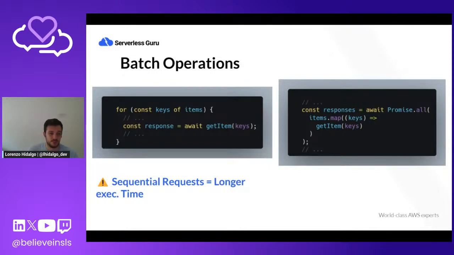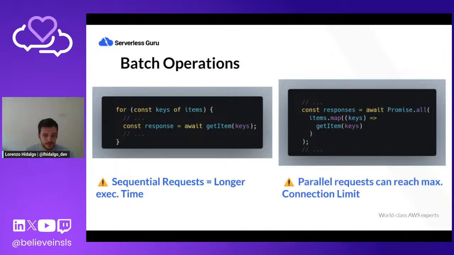If you need to retrieve, let's say, 100 or 1,000, you might find yourself in another problem, which is that parallel requests can reach maximum connection limits. So sequential single GetItem or UpdateItem or any type of request will produce longer execution time, and doing them yourself in parallel can reach a connection limit.